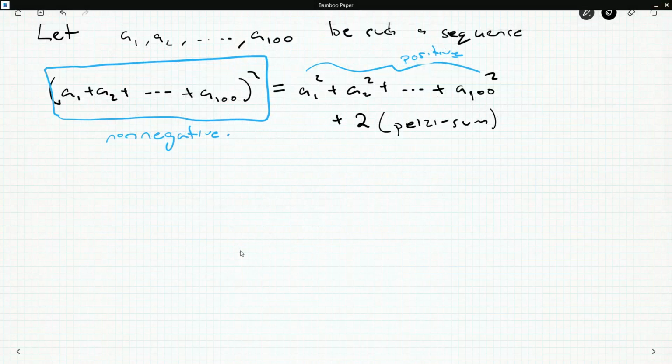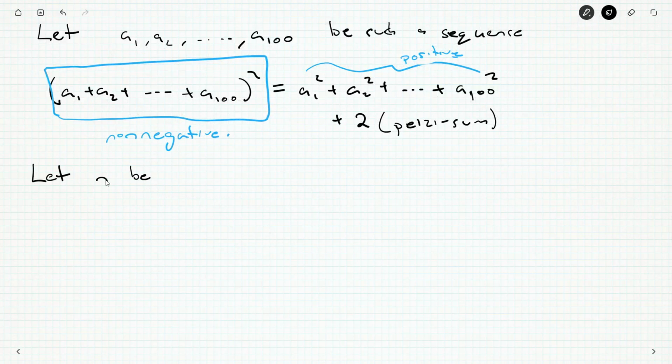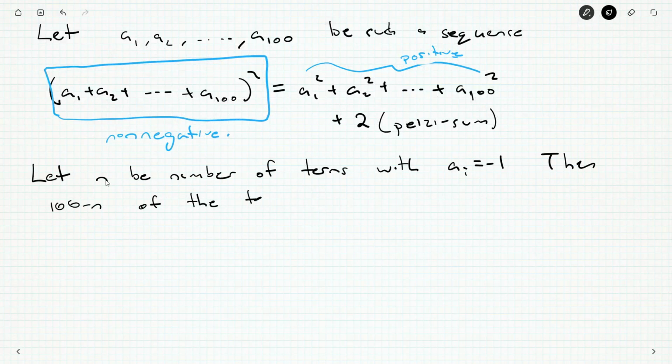I'm going to say let n be the number of terms with ai equal to -1. Okay? Then I know that 100 minus n of the terms are equal to 2.